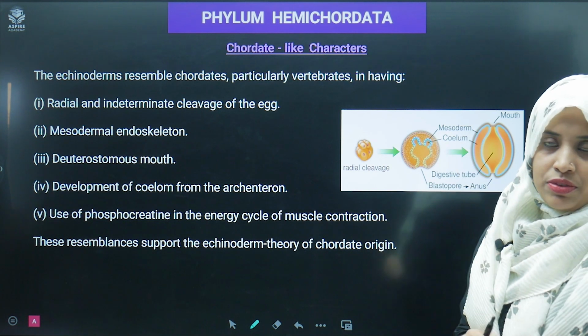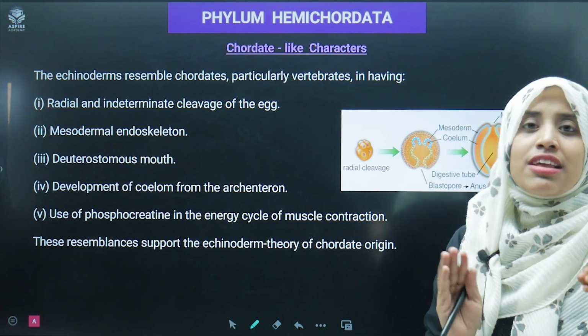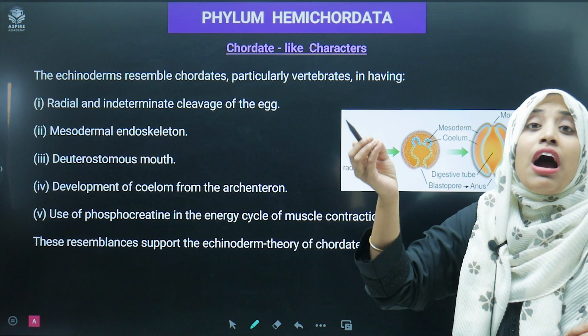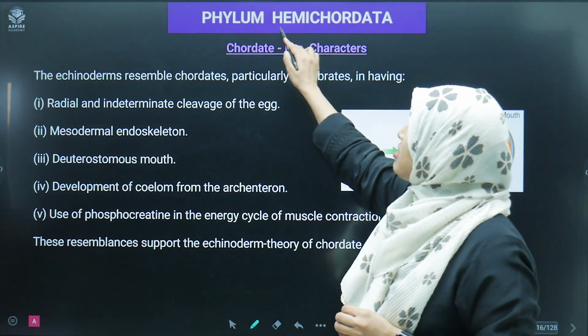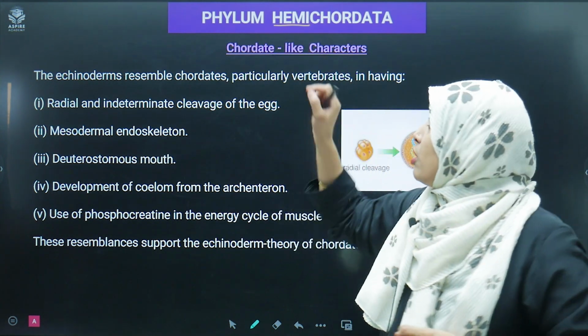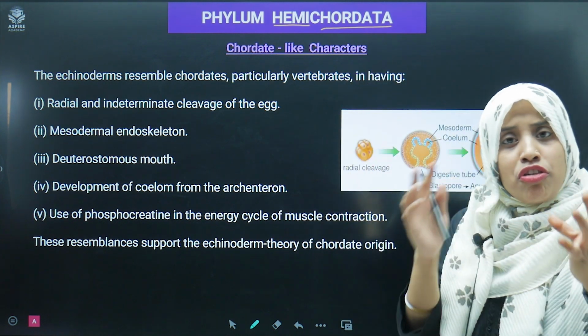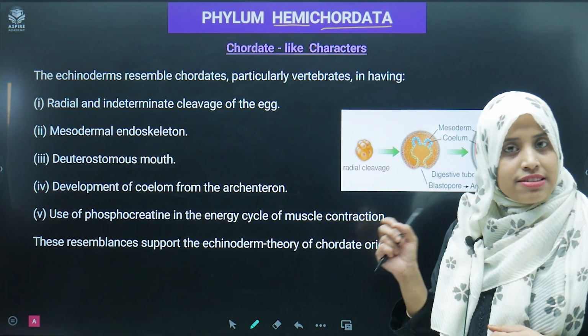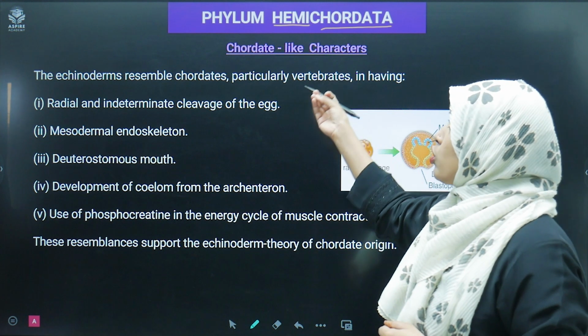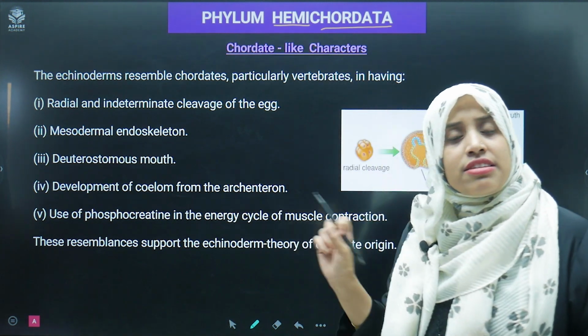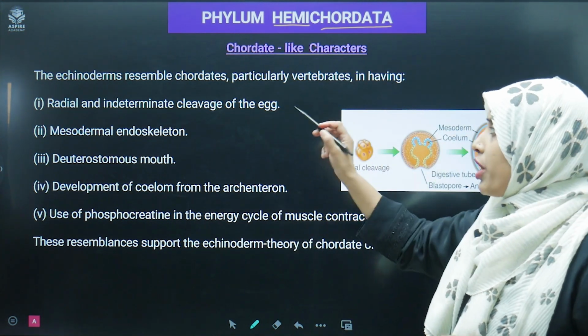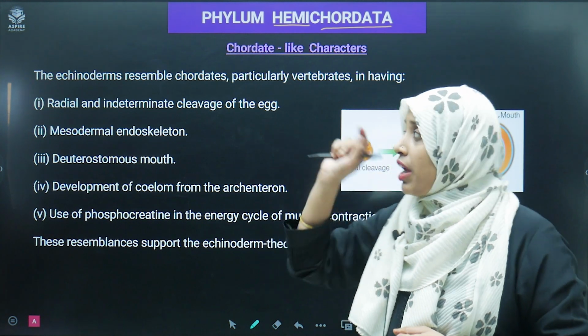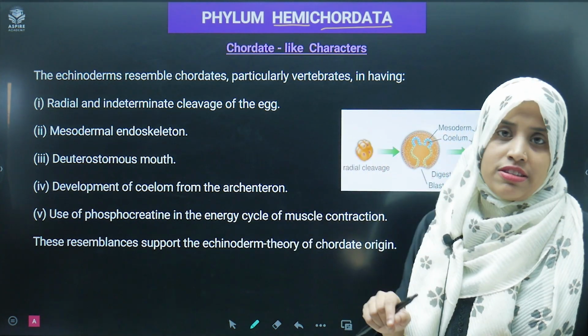Chordate-like characters. So hemi, as the name suggests, means half. This hemi means half chordate. That means half of the characteristics of chordates are seen in these organisms. So what are the chordate-like characteristics in them? Okay, so echinoderms we have seen. The echinoderms resemble chordates.